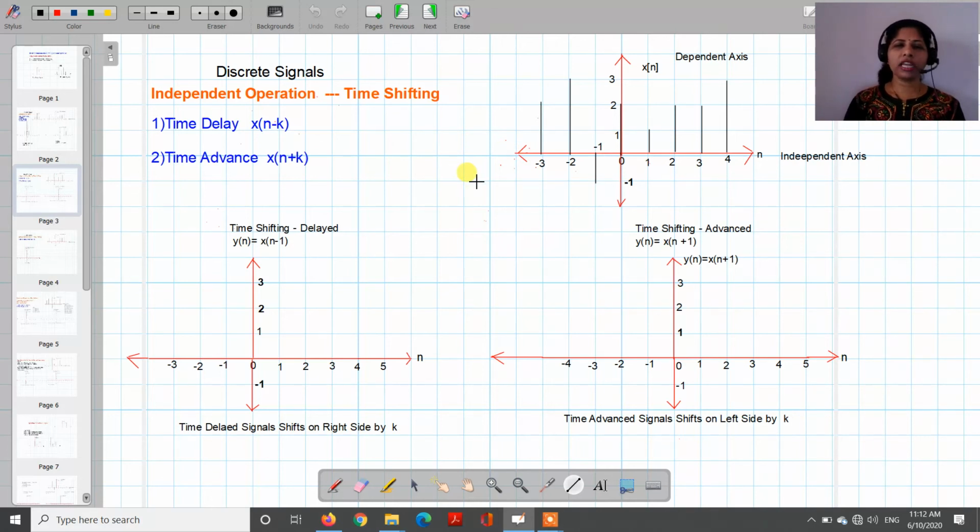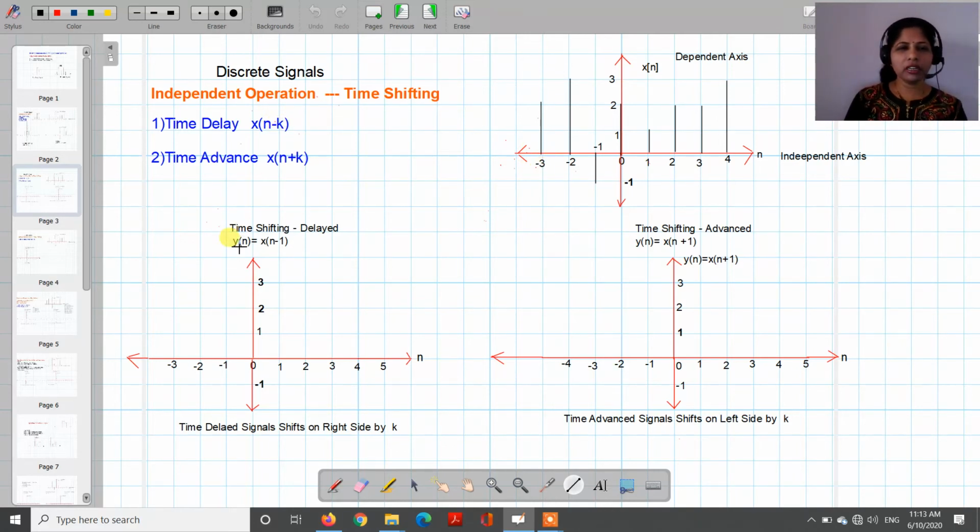For example, consider your class starts at 10 o'clock, but instead it starts at 10:15. How much is the delay? 15 minutes. In the same way, your sample, instead of starting at minus 3, starts after some delay amount, and that delay amount is represented by the value of k.